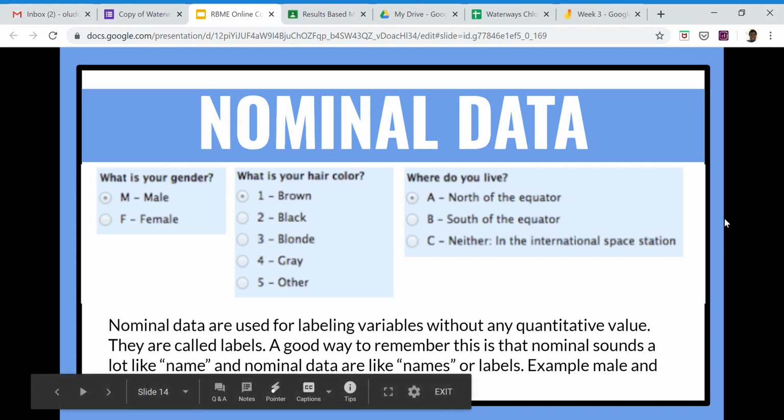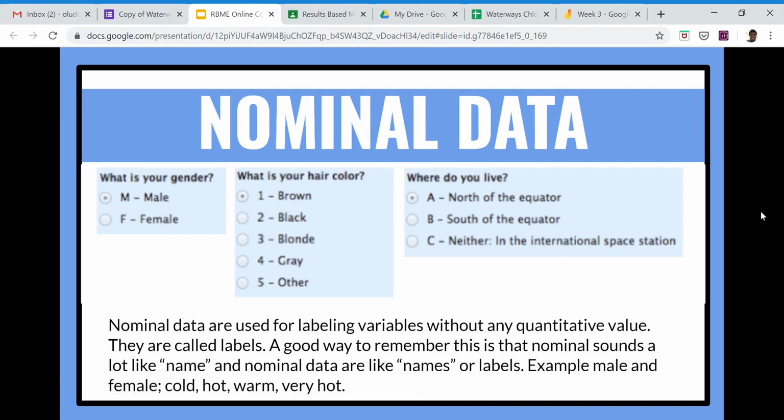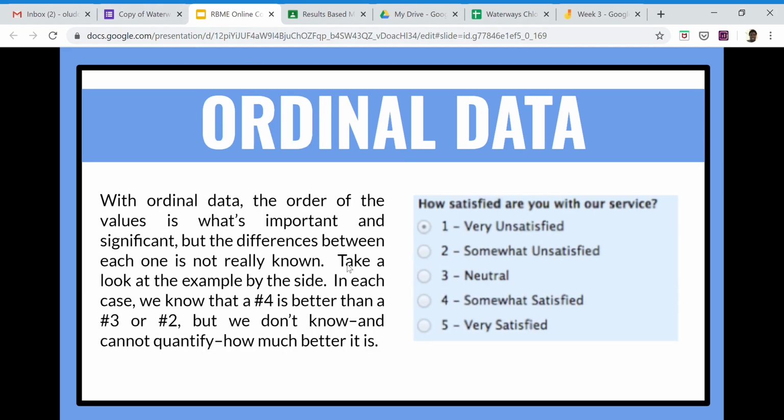Like I said, they are always names. Think about countries, the hair color. Once you cannot assign quantitative values to them, they are referred to as nominal.